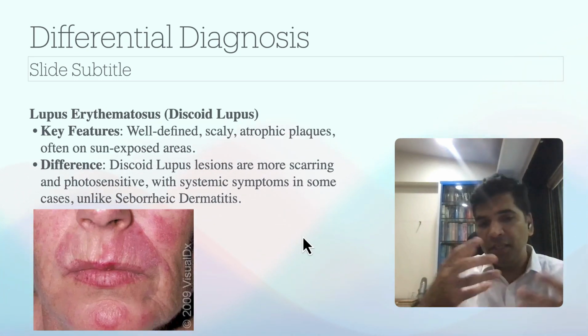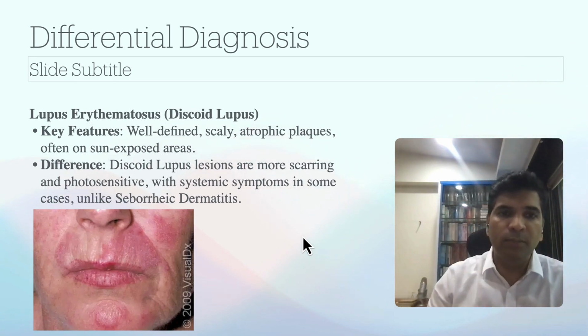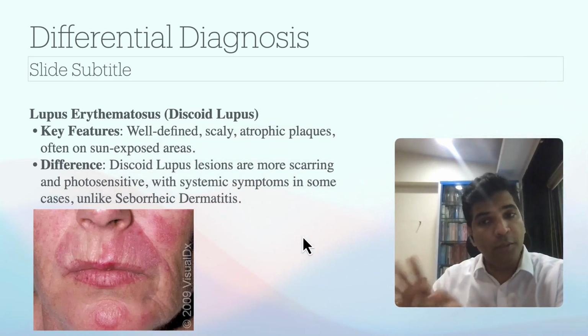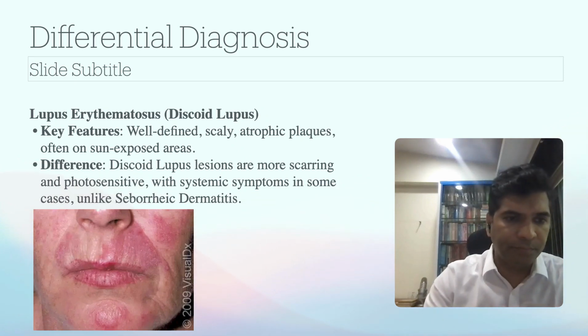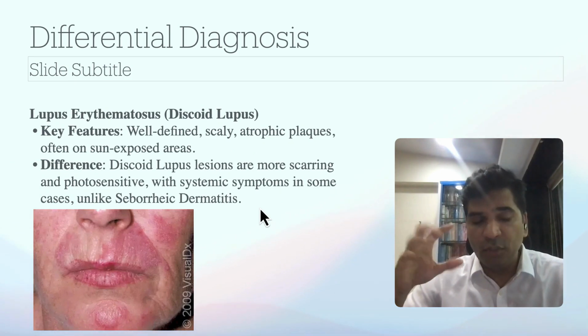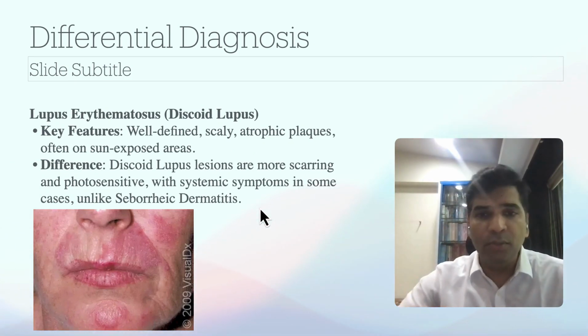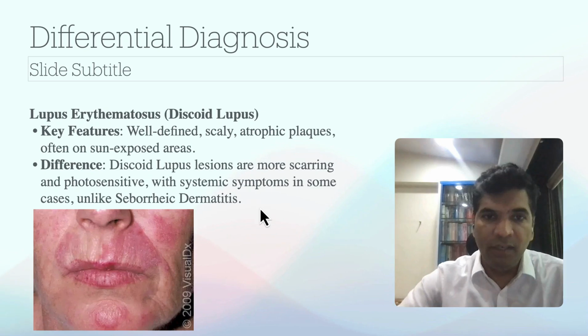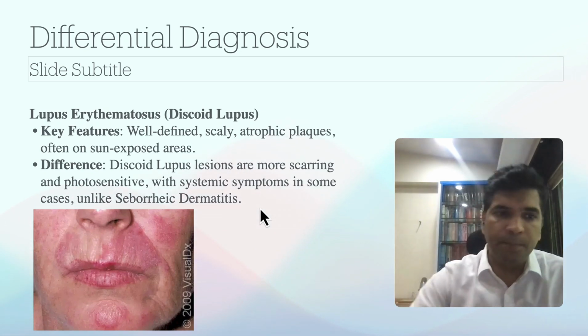But when you take a case and take all the symptoms, you come to know it is something more than only skin lesions. And probably we will discuss discoid lupus, not in this course, but in a separate course on autoimmune conditions.